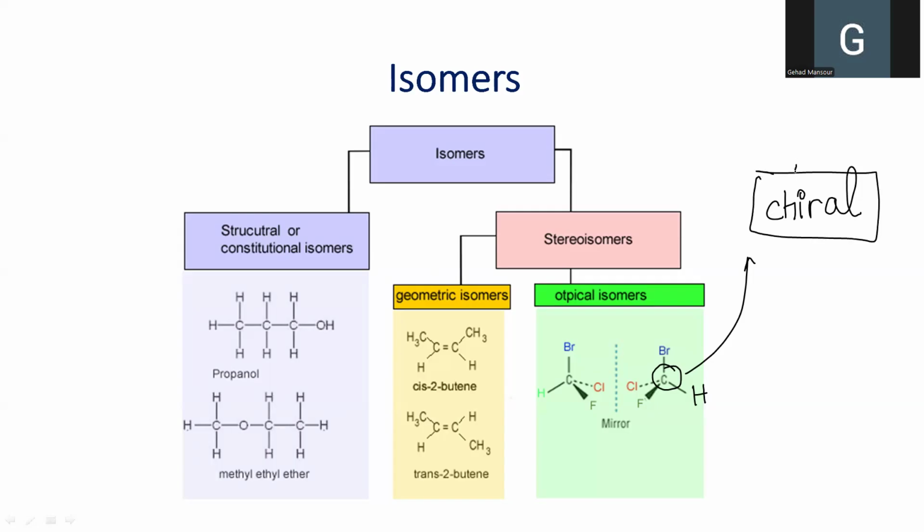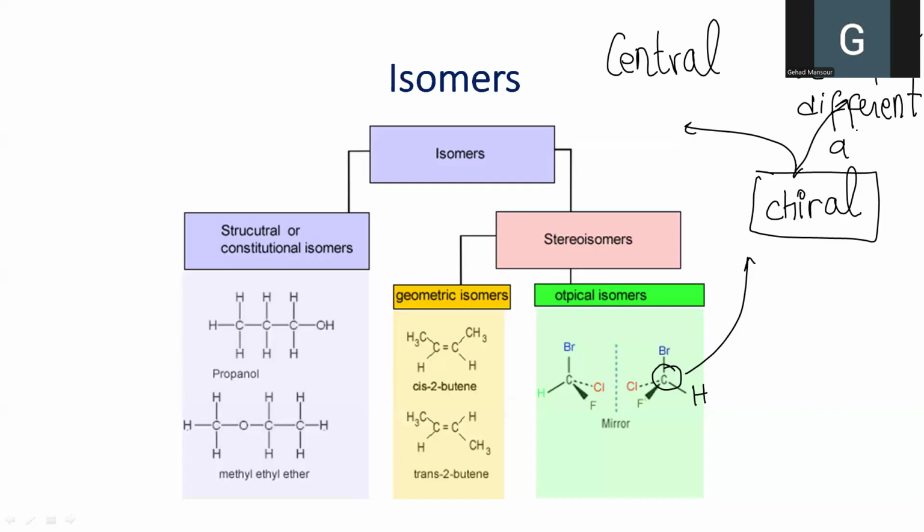A chiral carbon atom is a central carbon atom that is bonded to 4 different atoms or groups of atoms.